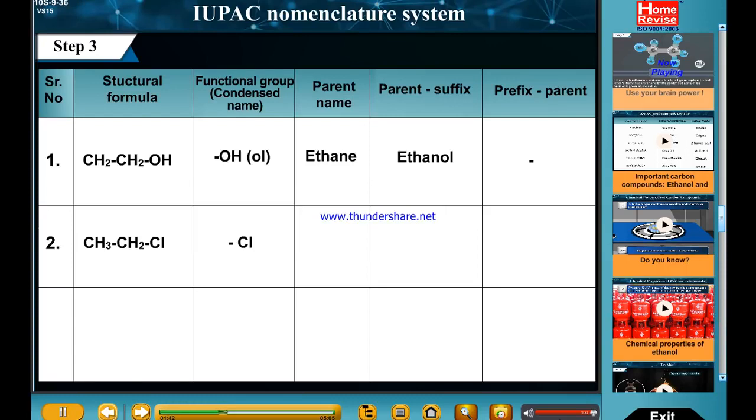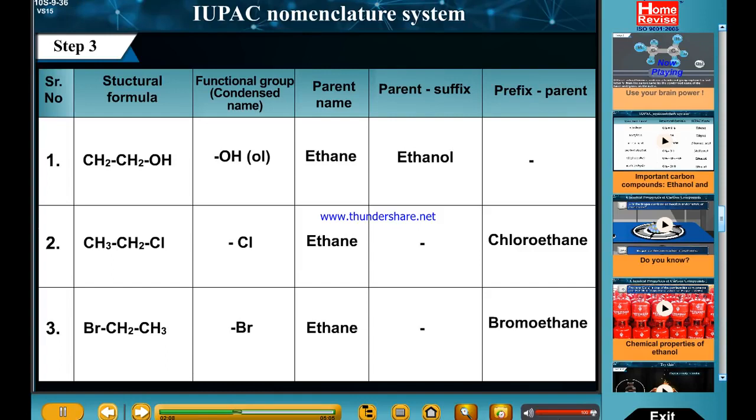Its parent name is ethane. Here the parent prefix will be chloroethane. 3. The structural formula is BrCH2CH3. Here the functional group is Br, that is bromo. Its parent name is ethane, and the prefix parent will be bromoethane.